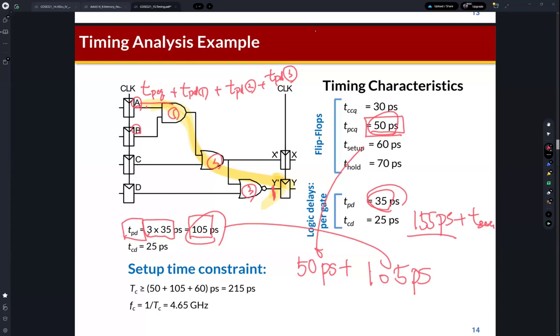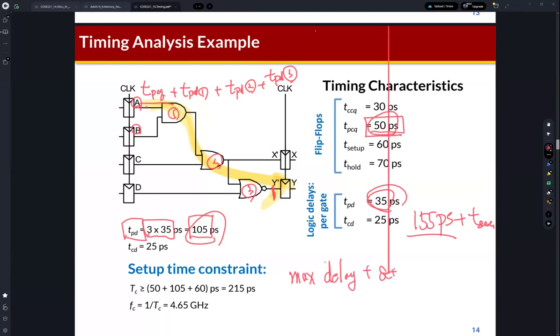So the maximum delay plus setup time needs to be less than TC. The maximum delay is 155 plus setup time of 60.